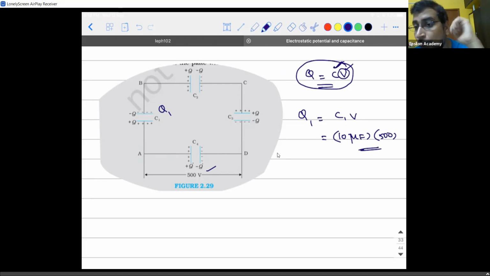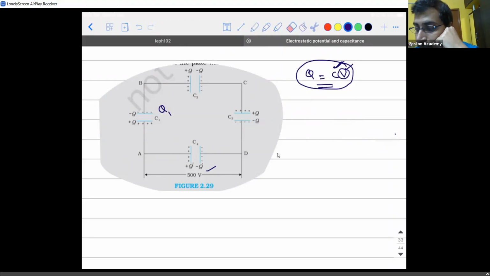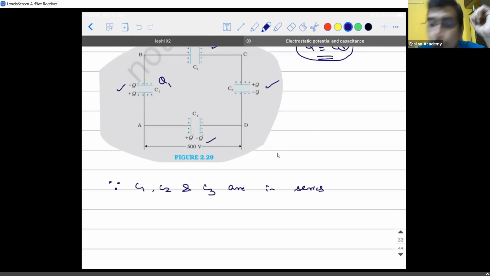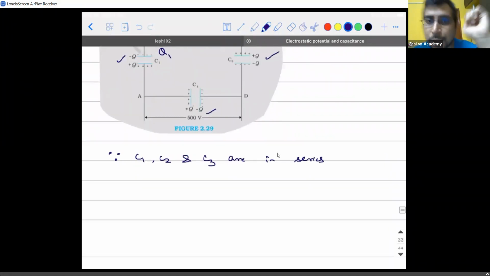Okay. So how do I find the potential drop across all the capacitors? That's where we need to start thinking from the definitions of resistors in series and parallel. Okay. Listen to this carefully. So what is happening? C1, C2, and C3 are in series. So since C1, C2, and C3 are in series, what can you say about the charge across them?